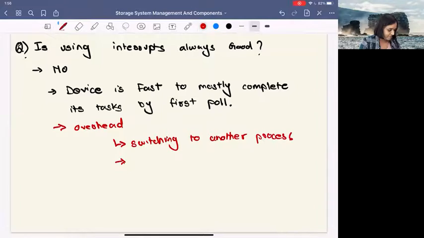Then second, we have the overhead of handling the interrupt, right? We need to set an interrupt and raise an interrupt.